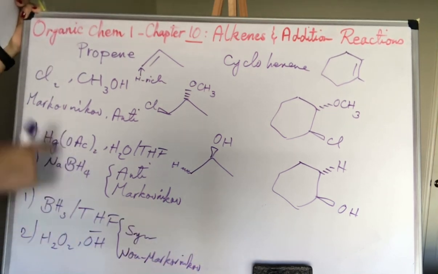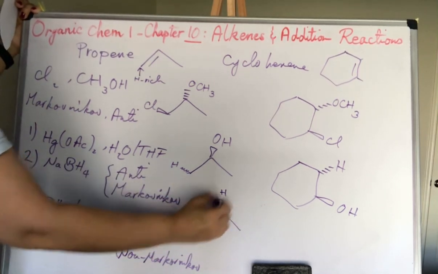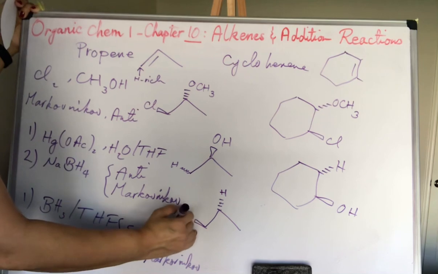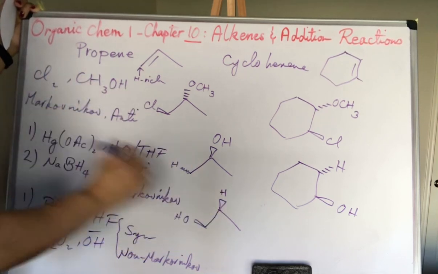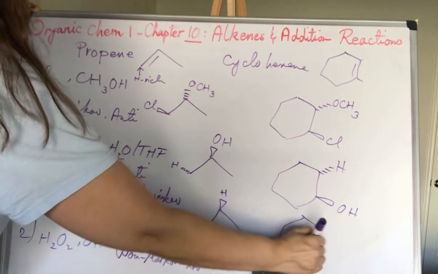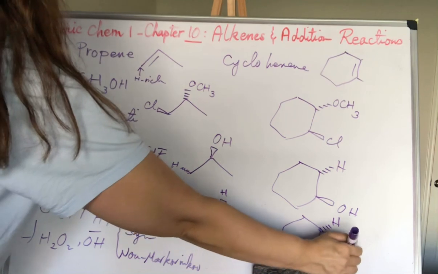So don't forget, these two work the opposite. So we have hydrogen here, OH here. Oops, sorry. This is syn. So you have a cis. And here again, you have it cis.